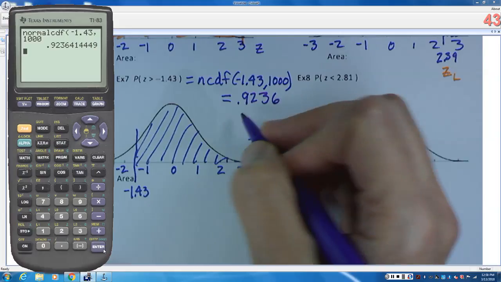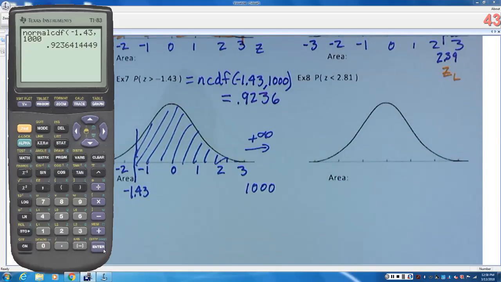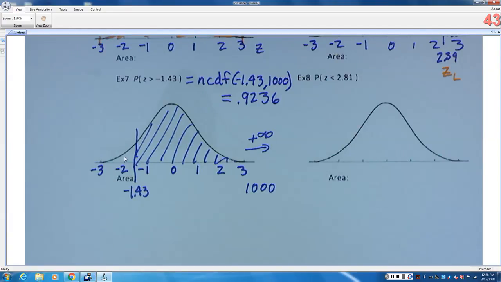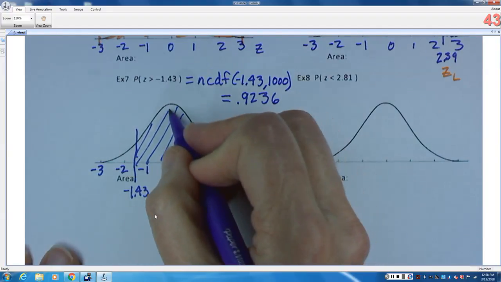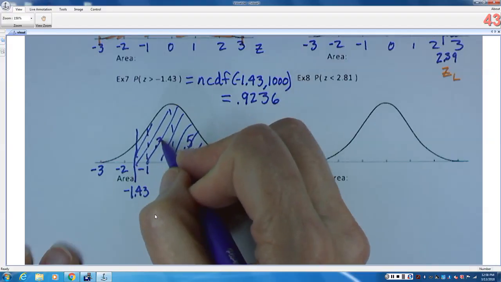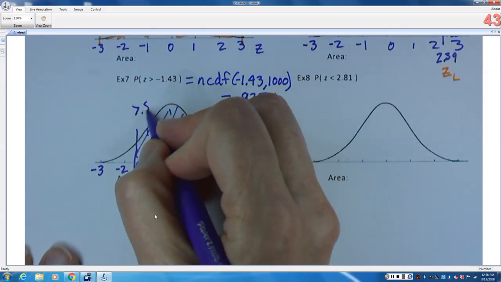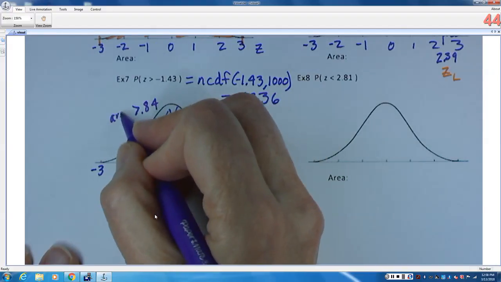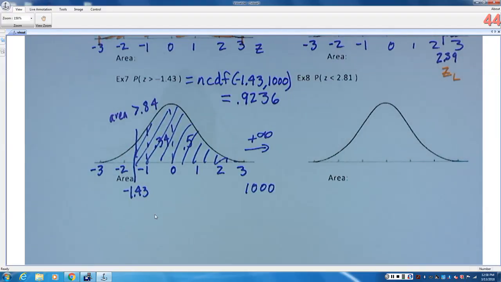And did that make sense for the amount of area we had shaded? Yes. And usually, if you make a mistake, you're going to get the unshaded area. If you get something less than a half, you know it's wrong. You can tell the area needs to be greater than 0.84, because we got half here and 0.34 here, so it's greater than 0.84 by the empirical rule. And that's it.